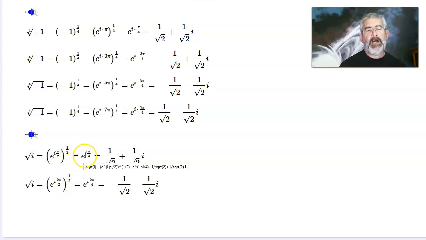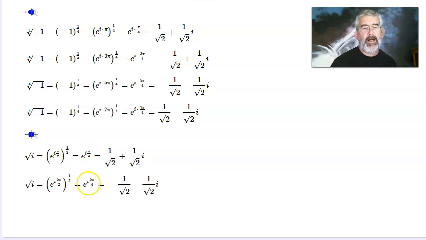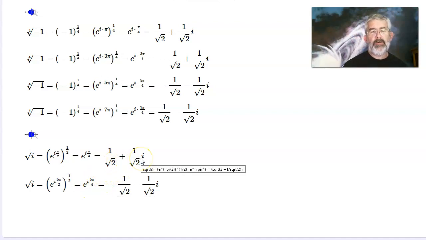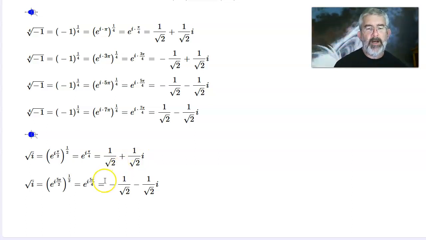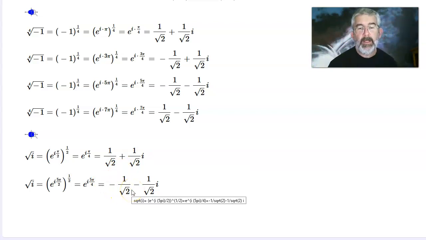So now I'm looking at e to the i pi over 4 and e to the i 5 pi over 4. Angle pi over 4 is up in the first quadrant, so 1 over radical 2 plus 1 over radical 2 i, and 5 pi over 4 would be down in the third quadrant, and then you'd end up at minus 1 over radical 2 minus 1 over radical 2 i.